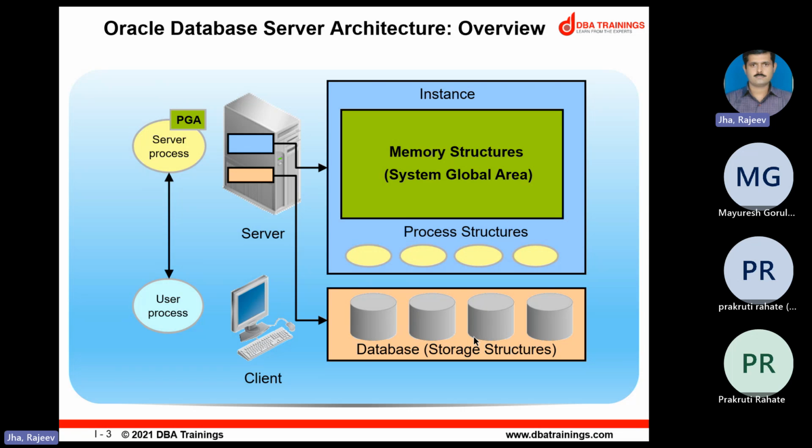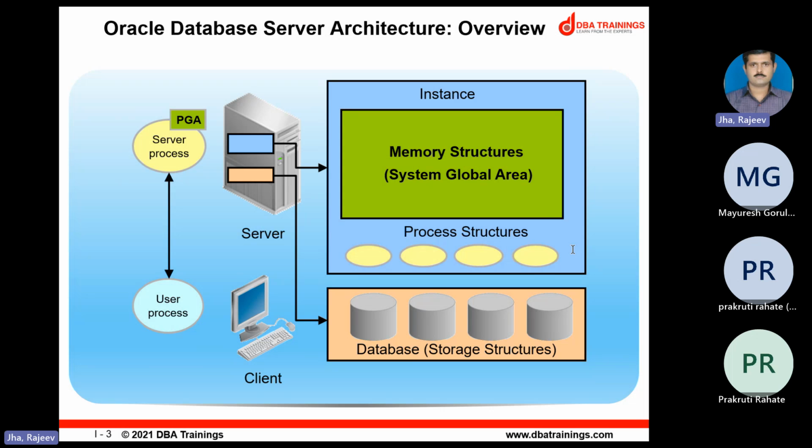Here we are just going to talk about the basic Oracle database system, not about RAC, and not about Data Guard. We are discussing the basic Oracle architecture, how it works, what things you are going to do, and how we are going to use it. That is what we are discussing in this module.